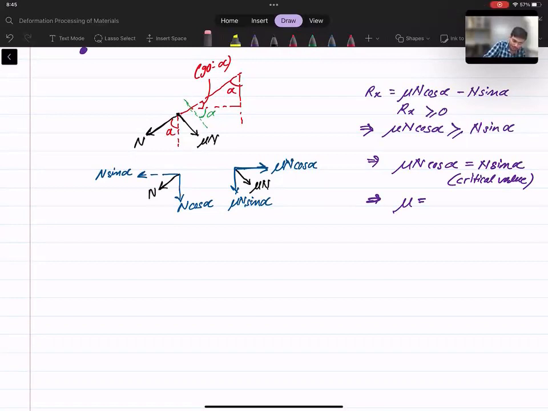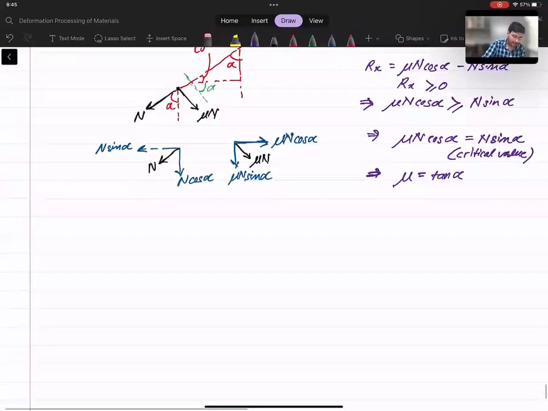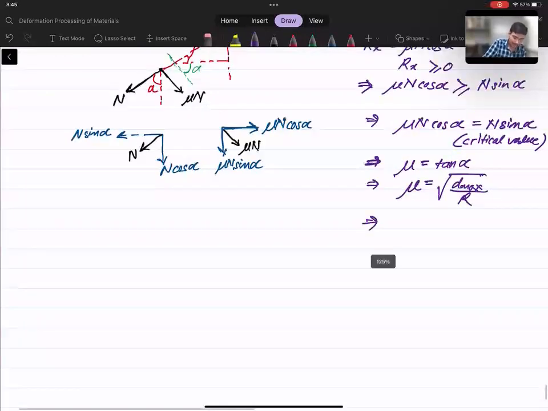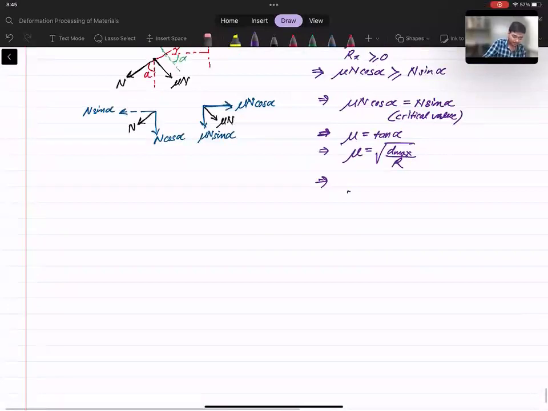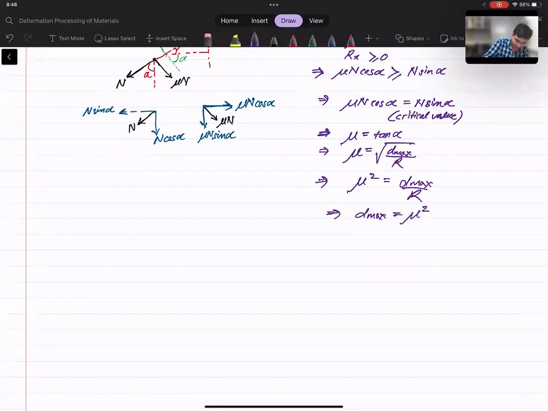So this will be tan alpha. This is for the critical value, and tan alpha we have seen that it is nothing but under root d by r, where d is the drop. Okay. And since it is the critical one, this mu is nothing but under root of maximum drop over roll radius. Okay. And again rearranging, we can say that mu square is d max by r, or simply the maximum drop is nothing but mu square r.